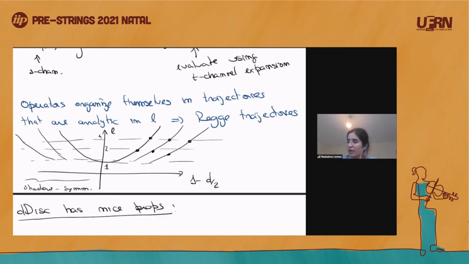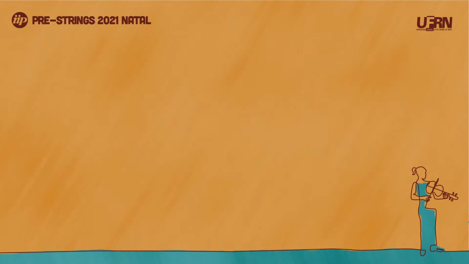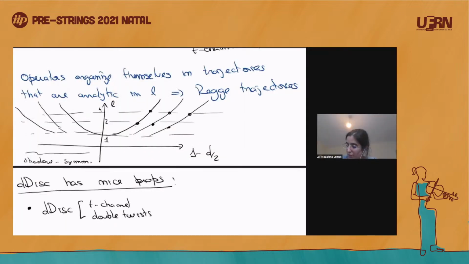And I will just outline a few of those properties. So if you have the double discontinuity of t-channel double twists, so remember that double twists are operators that have dimensions equal to twice the external one plus L plus some integer, then the d-disc is 0.